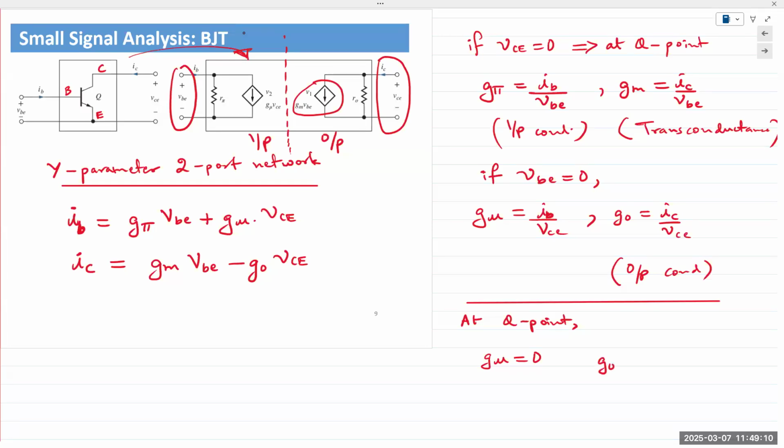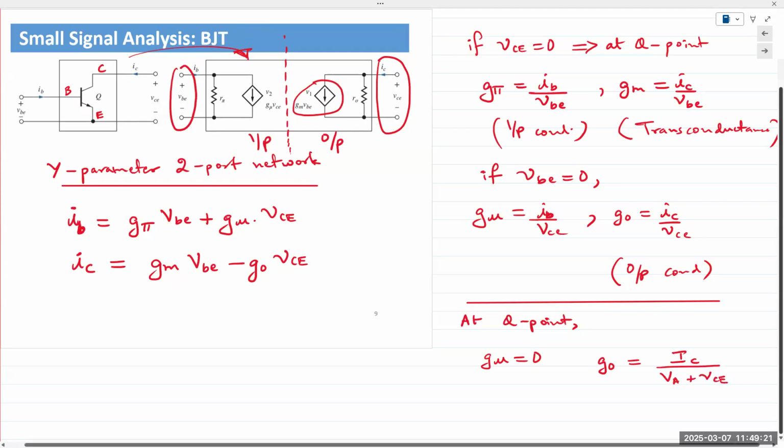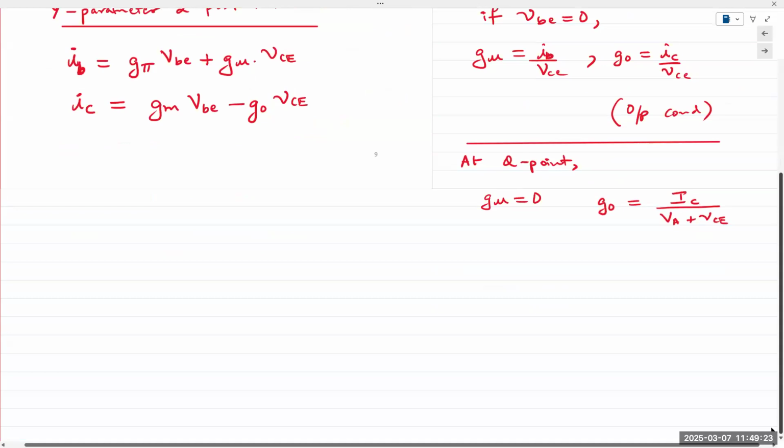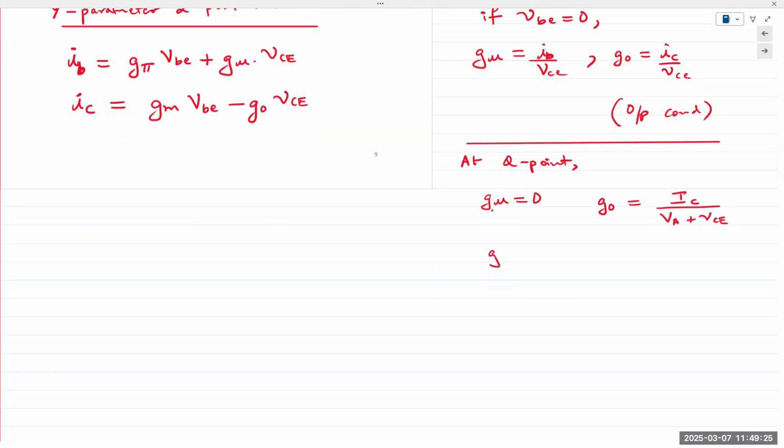We can write go as IC over the early voltage VA plus VCE, and gm as IC over the thermal voltage VT.